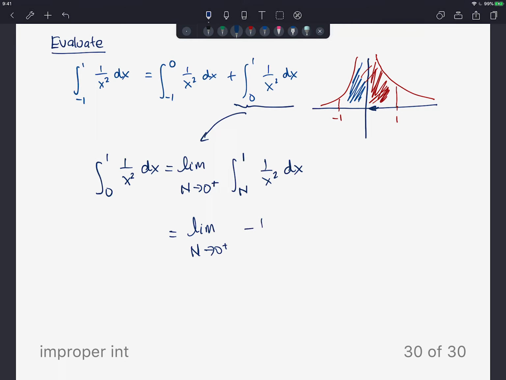I did integrate this correctly, negative 1 over x, from n to 1. If I do this now, I need to write the limit, still evaluating, when n goes to 0 from the right, negative 1 over n, and then plus 1 over 1.